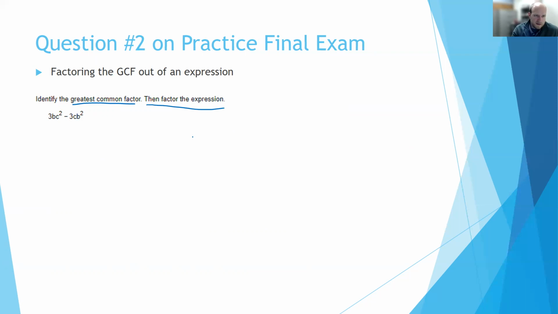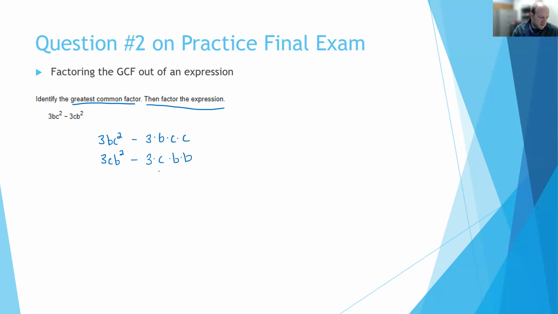So how do we find the greatest common factor? If we remember all the way back to chapter 6 in September, or maybe even August, we can list these two terms out and then list the multiplication for each. So this would be 3 times b times c squared, which is c times c, and then 3 times c times b times b.